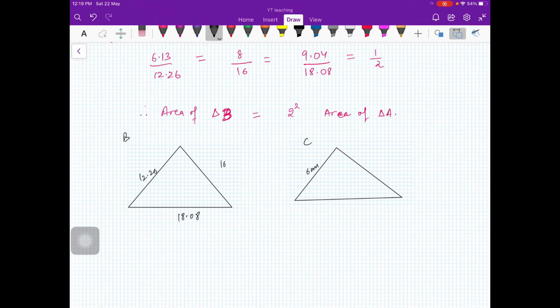So you can try to find out what is the ratio of the sides, or you can just compare it with A. If you don't want to compare it with triangle B, you can compare it with triangle A, because that is what we had initially done, right? So triangle A, the sides are 6.13, 8 centimeter, 9.04.